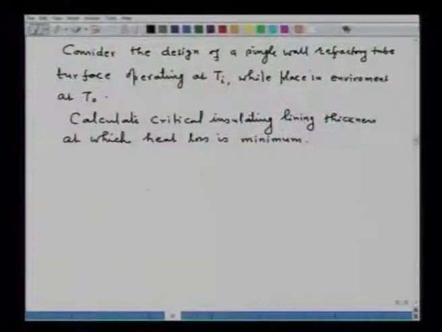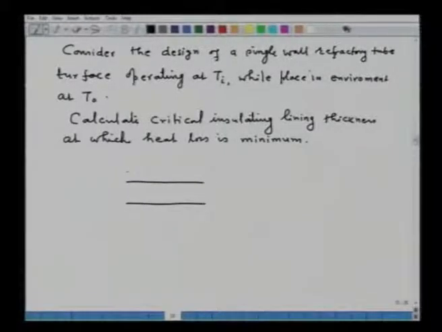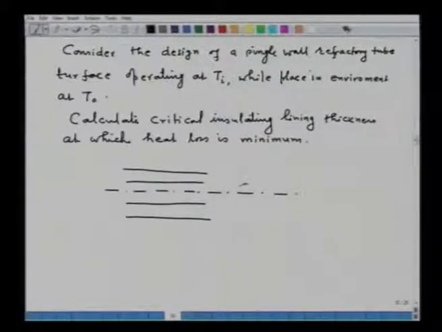So, in fact, the problem under consideration can be represented, for example, this is the tube furnace and this is the lining and this is the other view.